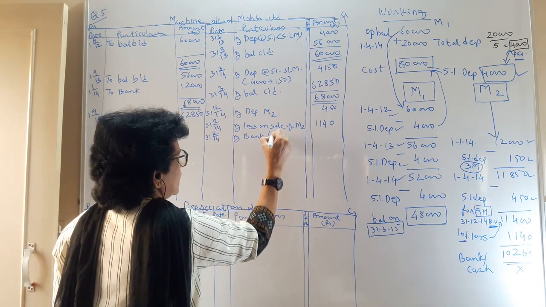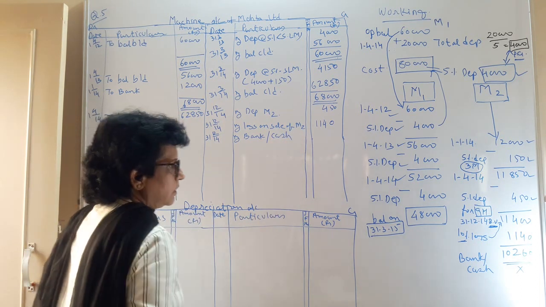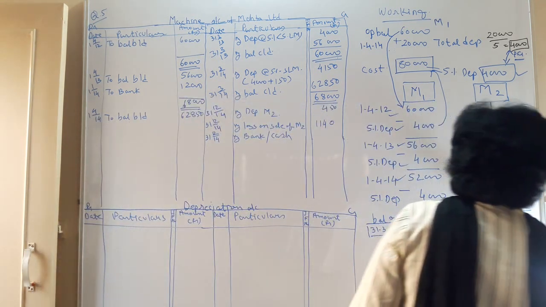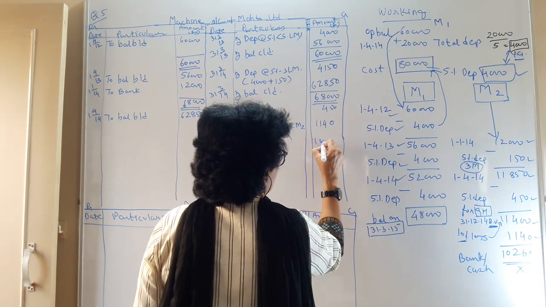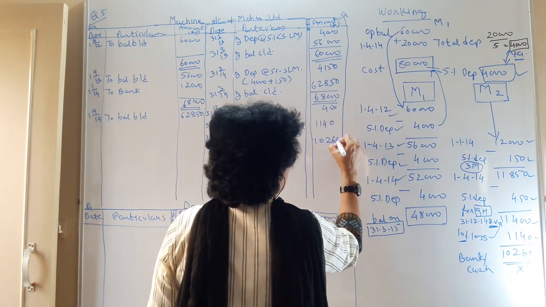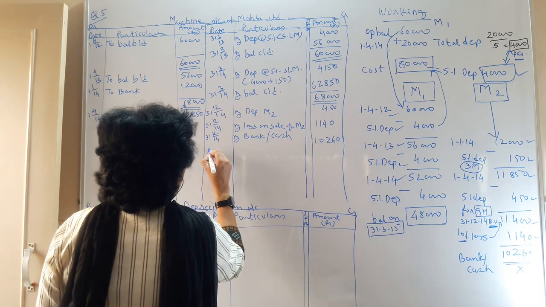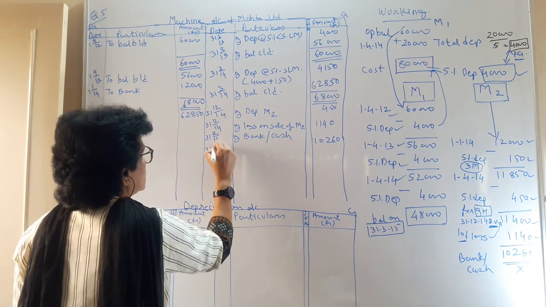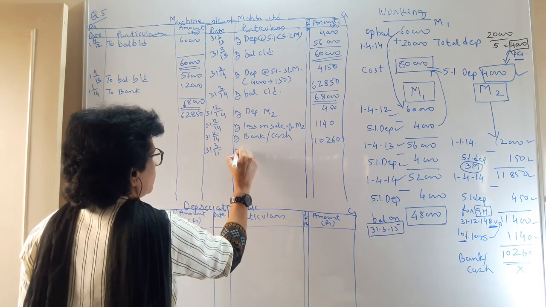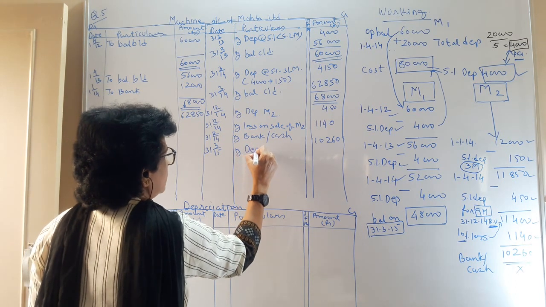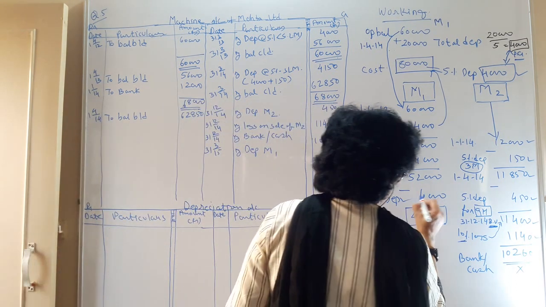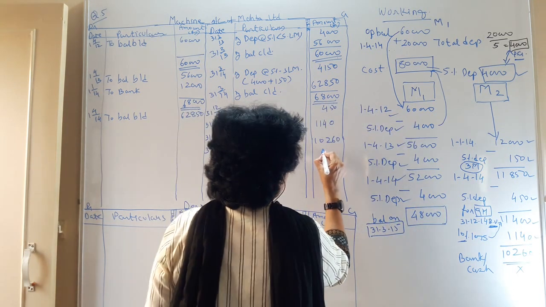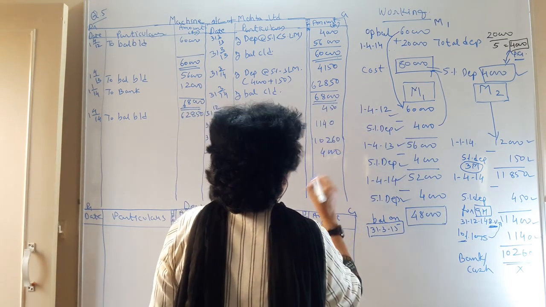You can also write cash, whatever, bank or cash, that is what amount, rupees 10,260. Now, before we close 31st March 15, we have again the entry for depreciation for M1. That is what we have calculated, 4,000 rupees. Don't forget to put this.